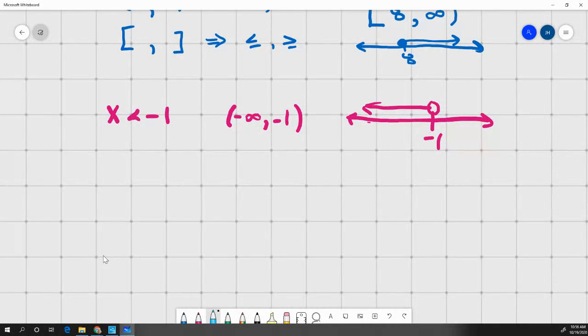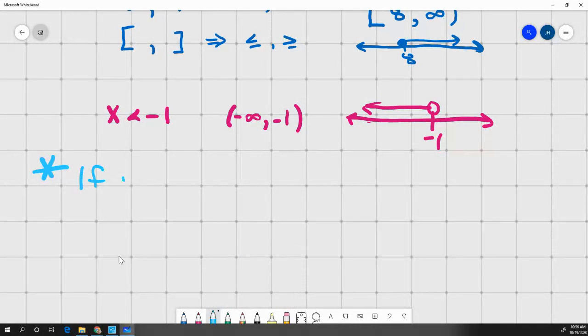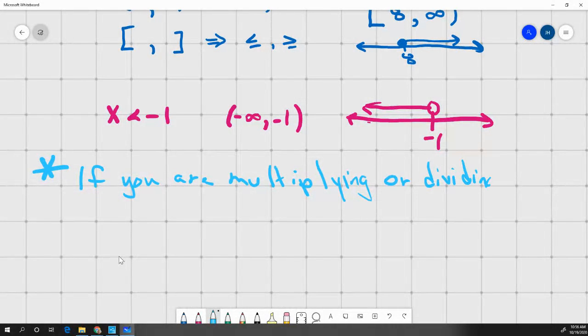When we're solving inequalities, the main thing that you need to remember is that if you are multiplying or dividing by a negative, you must change the direction of the sign of the inequality.